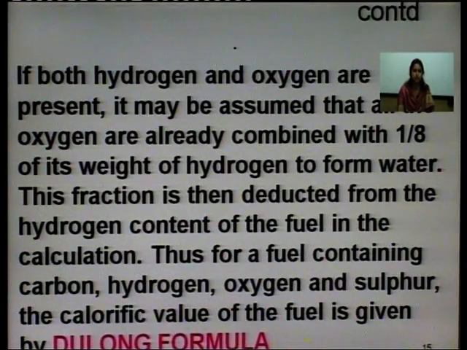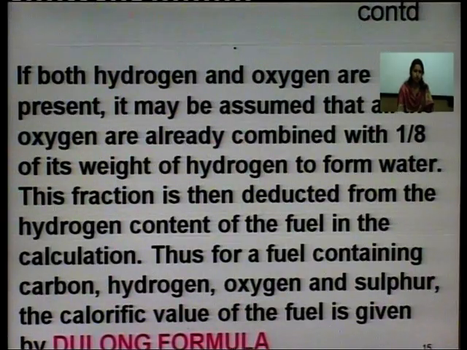If both hydrogen and oxygen are present, it may be assumed that the oxygen is already combined with 1/8 of its weight of hydrogen to form water. This fraction is then deducted from the hydrogen content of the fuel in the calculation.